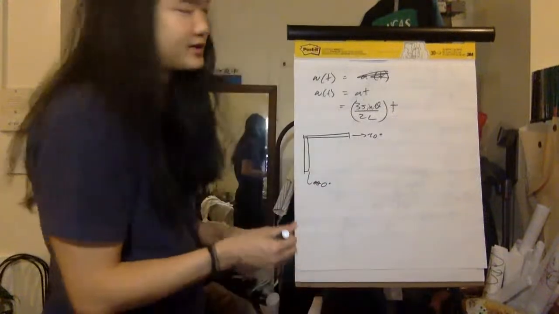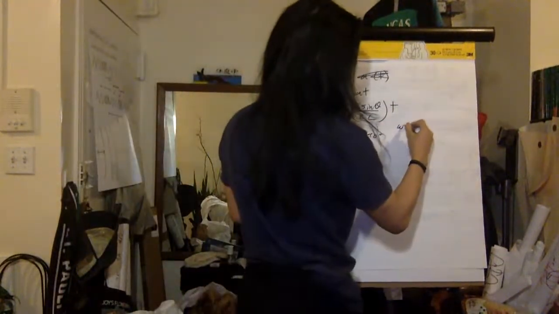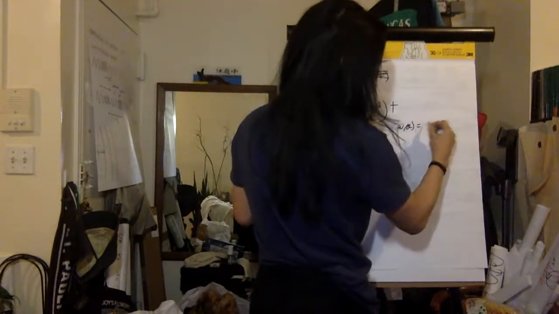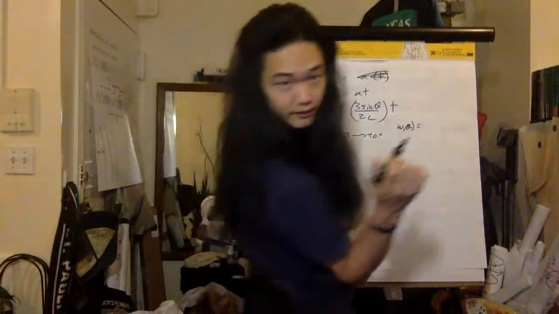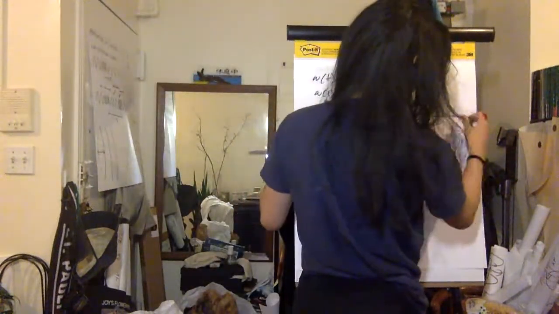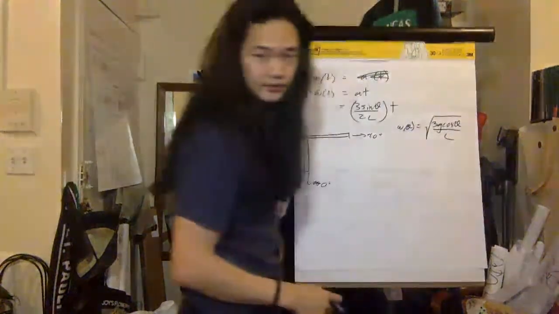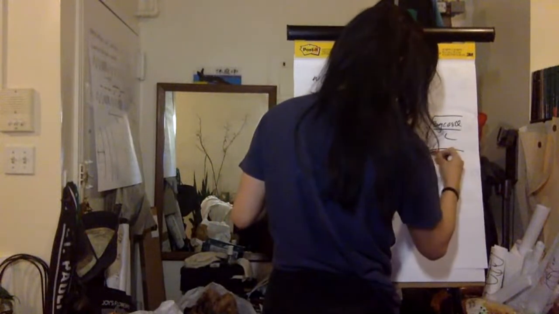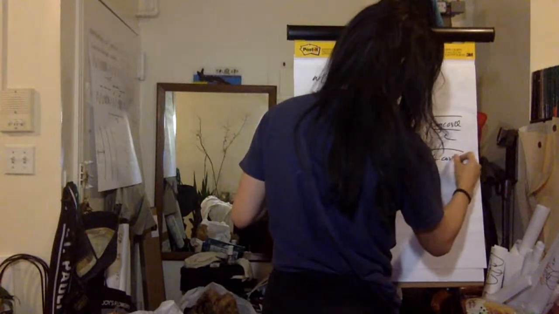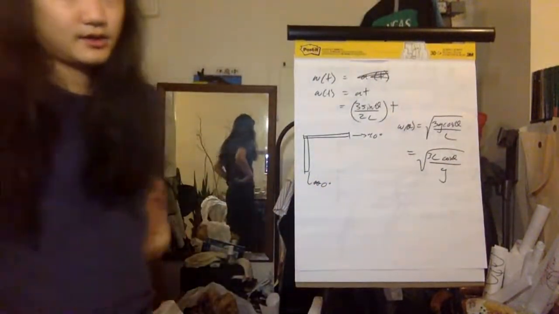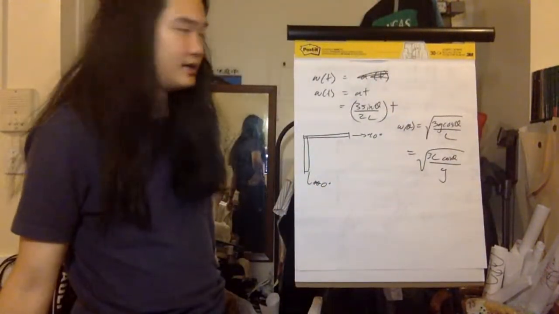So it's either going to be the first one or the second one, right? So omega of theta has to equal either root of 3g cosine theta over L, or 3L cosine theta over g. Okay, which one is it going to be?